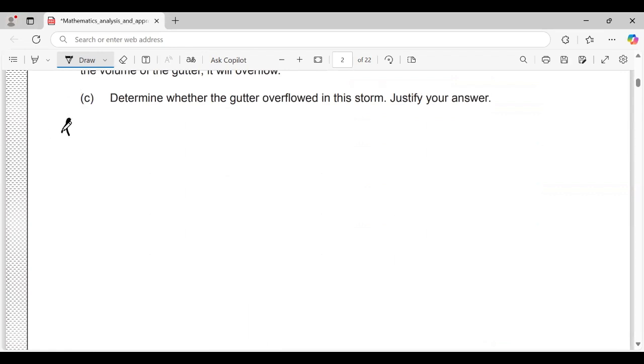Arc length equals 45 minus 10 minus 10. It is 25. I'm going to show you.